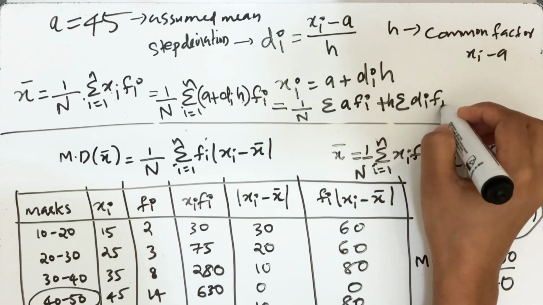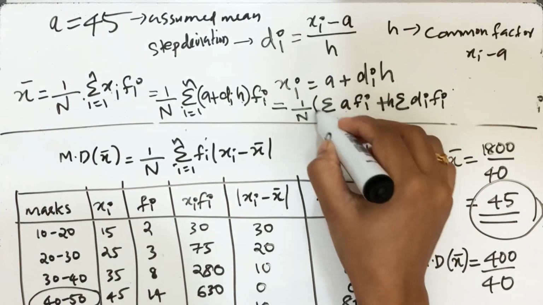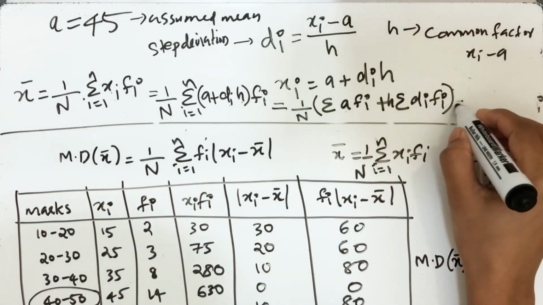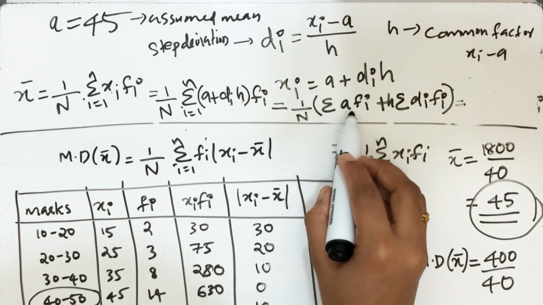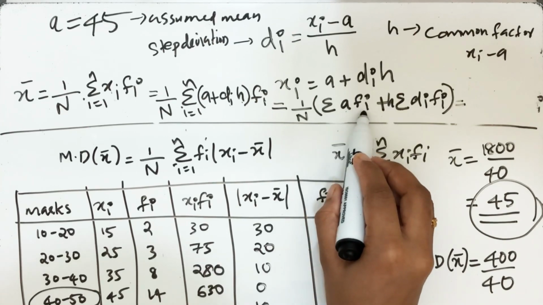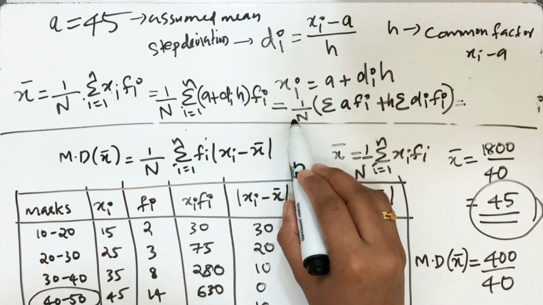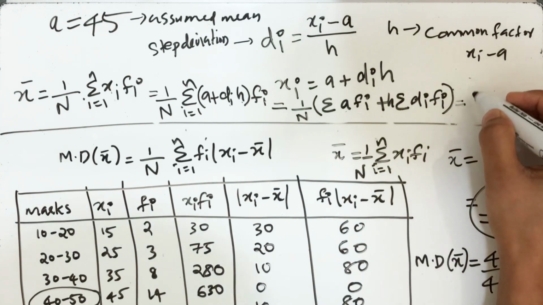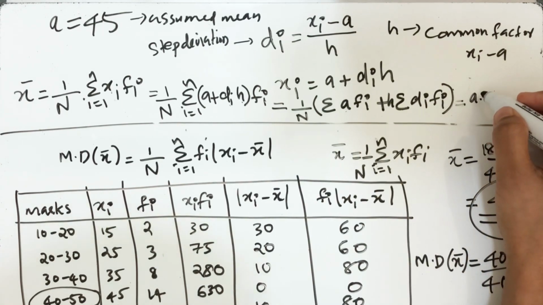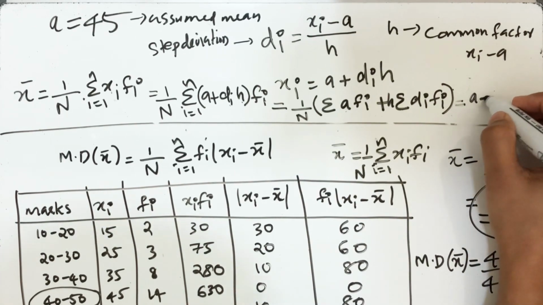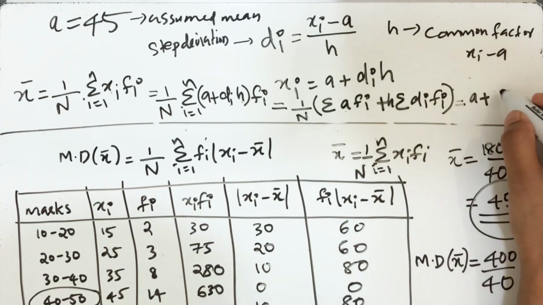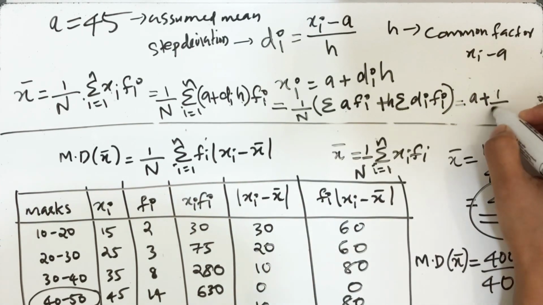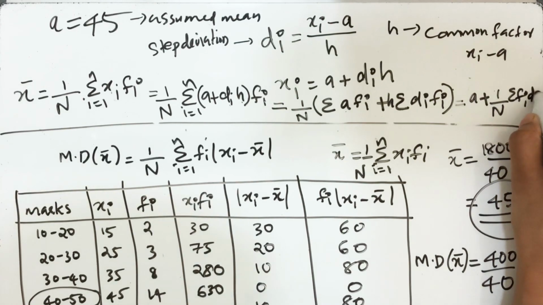Here, sigma a into fi is a into sigma fi. Sigma fi is nothing but capital N. So this will become a into capital N by N, that is a. So a plus, next remaining is 1 by N into sigma fi into di into h.